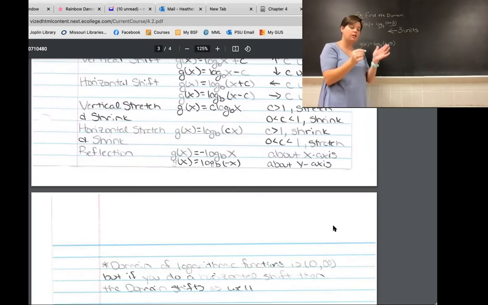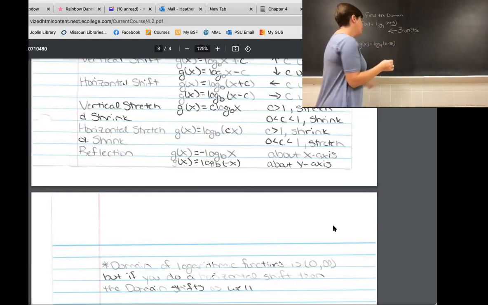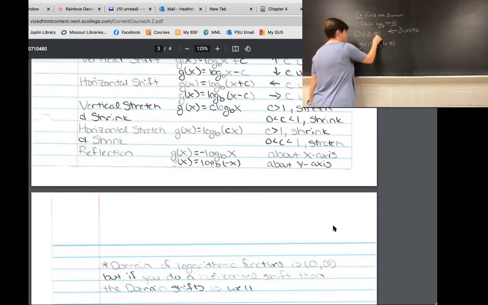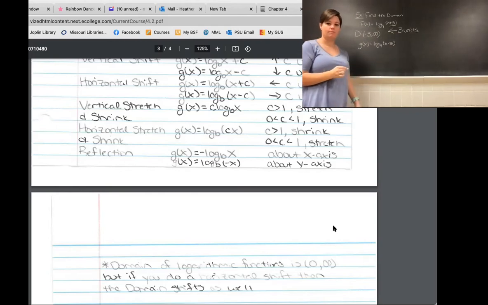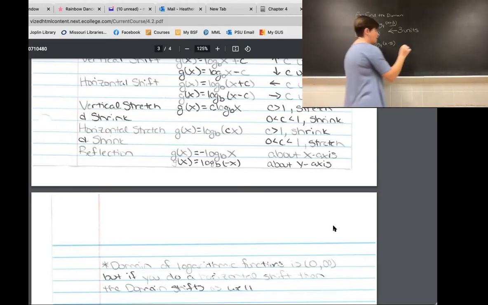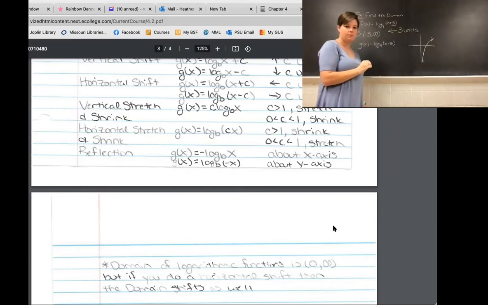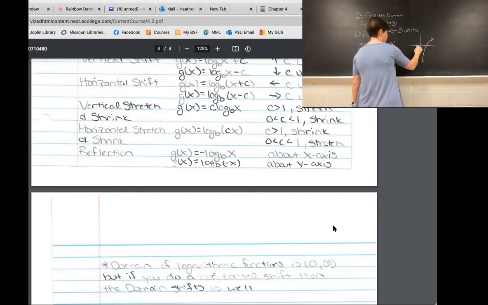So what do you think our domain will be? If we shift to the left 3 units, then our new domain will be -3 to infinity. Because what we did was we took our graph, which looked something like this, and we took it over 1, 2, 3 spots.